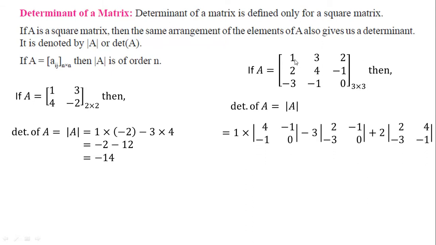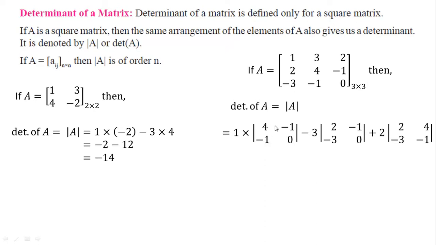First of all you take the first element, that is 1 into, remove this row and column. We have selected this element 1, remove its row and column, and write the other part in determinant form. The other part means the other 4 elements, 4 minus 1, minus 1 0. So this is an important procedure.